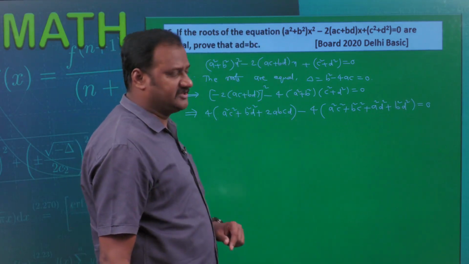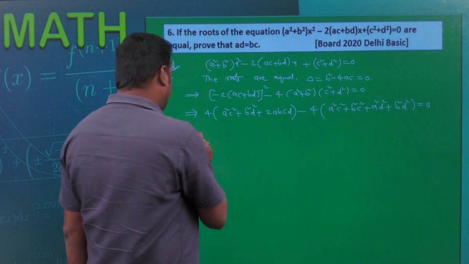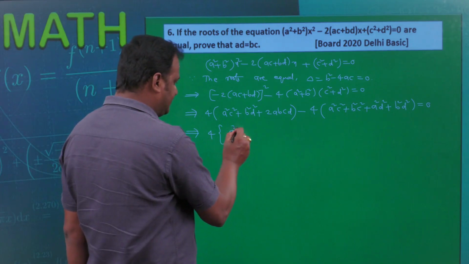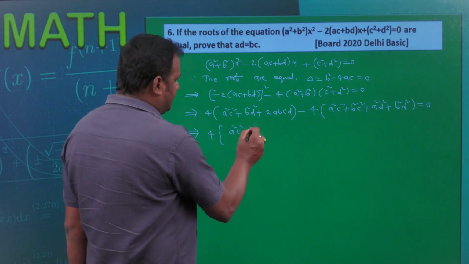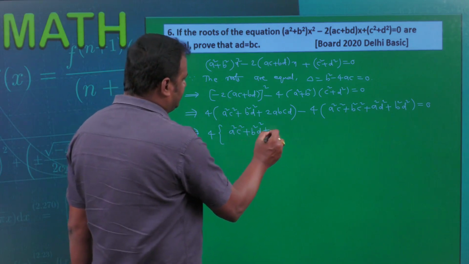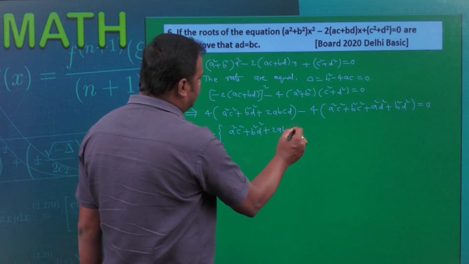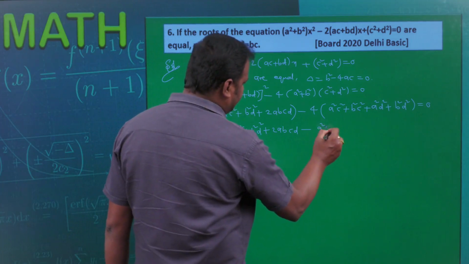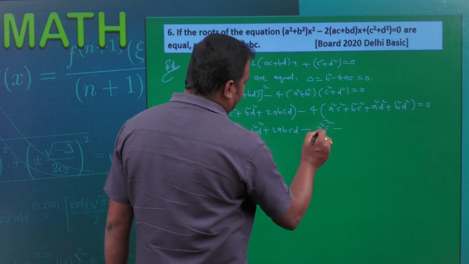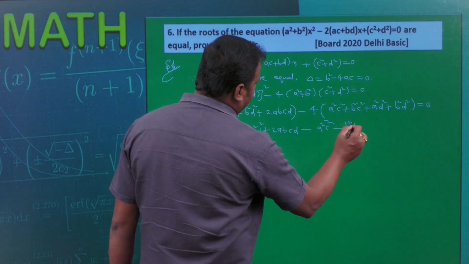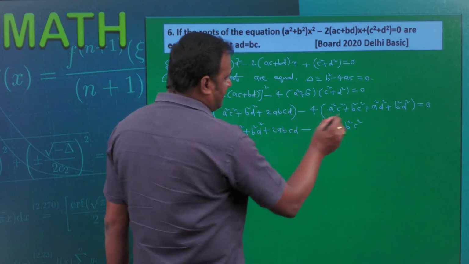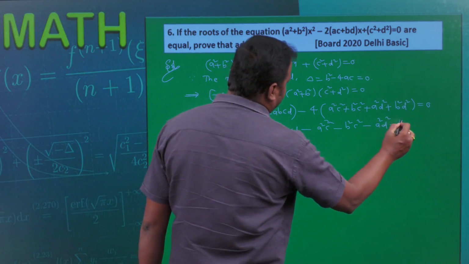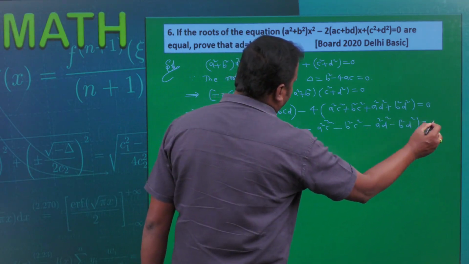Again, from both the two terms you can take 4 common. That implies 4 times, open the brackets: a square c square plus b square d square plus 2abcd, minus, with 4 already taken common, remaining a square c square, minus b square c square, minus a square d square, minus b square d square is equal to 0.